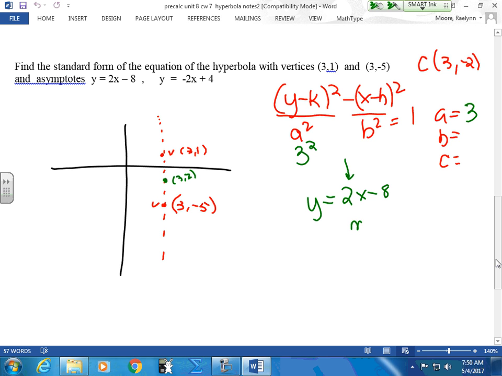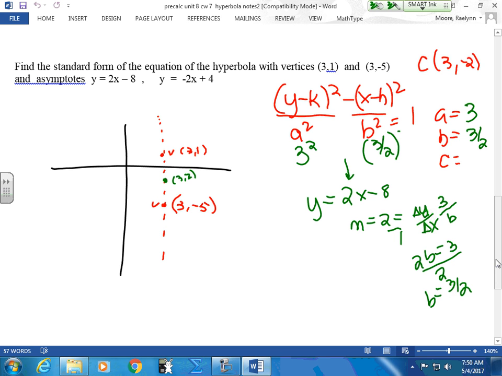Slope. So my slope is equal to change in y over change in x. So this is my y denominator, which is 3, over my x denominator, which I don't know, b. So can I set a ratio up and solve this? So 2b is equal to 3, and b is equal to 3/2. So now, when I square 3/2, this becomes 9, this becomes 9/4, and you just got to flip this over.